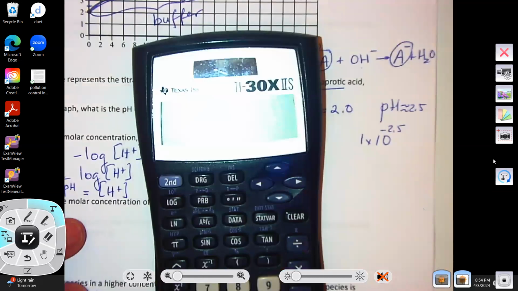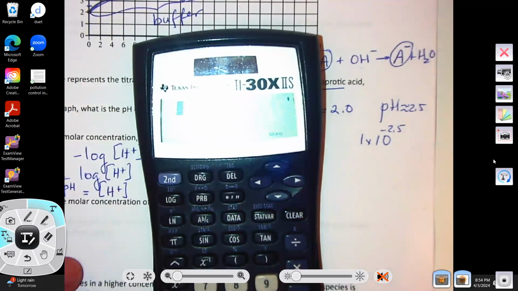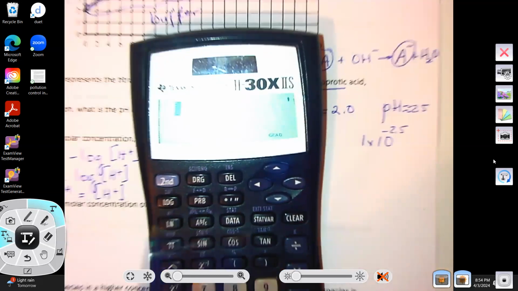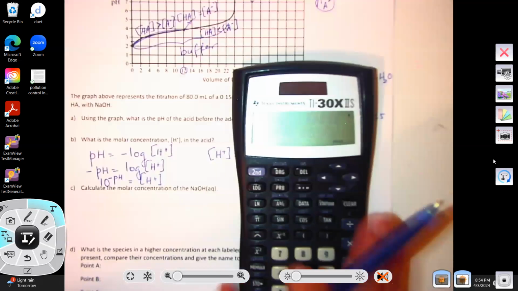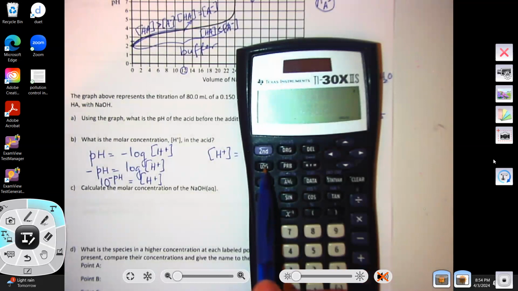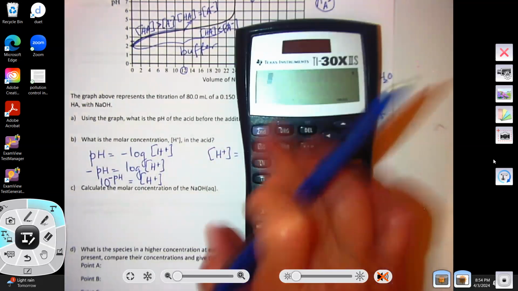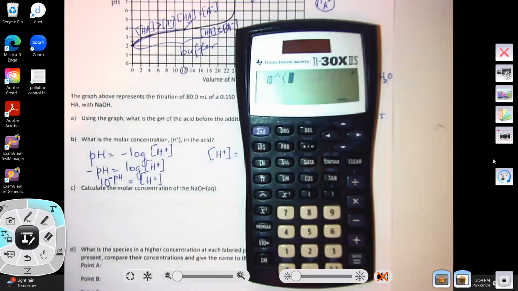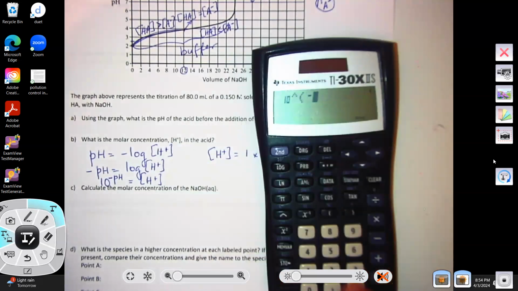I don't know what kind of calculator you guys are going to use, but if you use something like this, the 10 to the x is the opposite function to the log. So you enter 10 to the, and then you enter -2.5. And then you just press enter and it will give you the number.